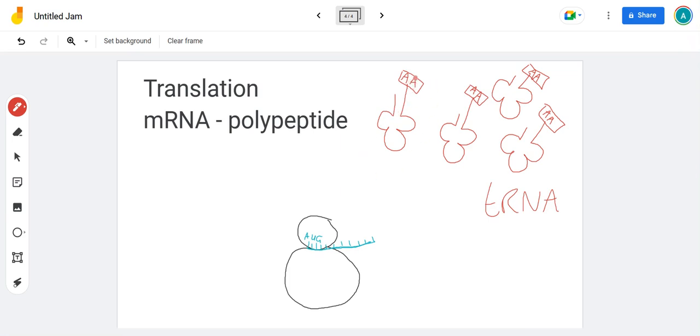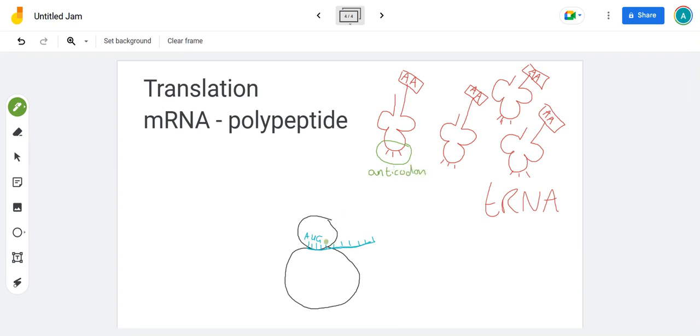to remind us that it's a tRNA molecule carrying an amino acid. Now, on the other end of the tRNA molecule, we've got three little bases sticking out the bottom here. And those three bases there are called the anticodon. So these three bases here, we call the anticodon.